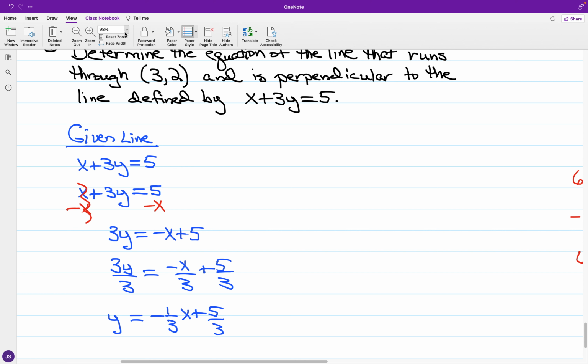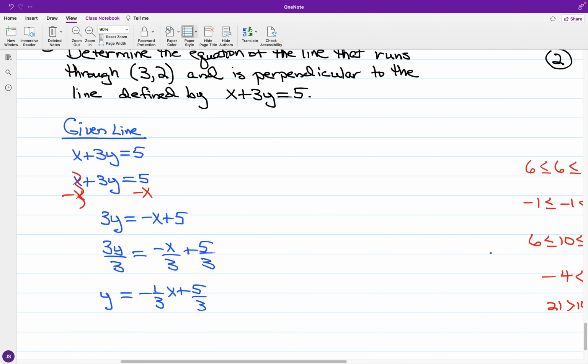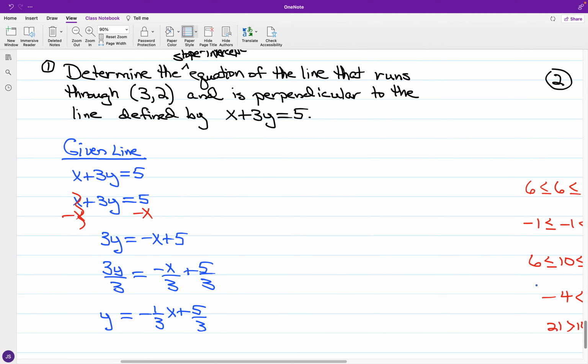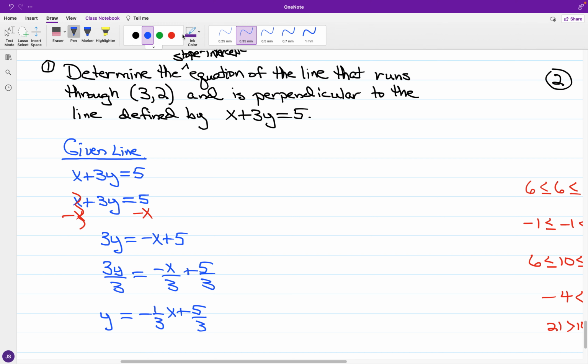Okay, and so we have with the given line, okay, again, the x term coefficient is -1/3. And now for the perpendicular line of interest.